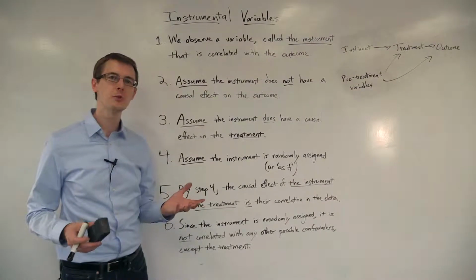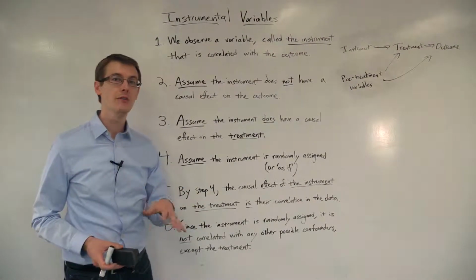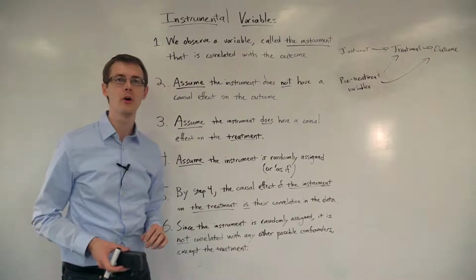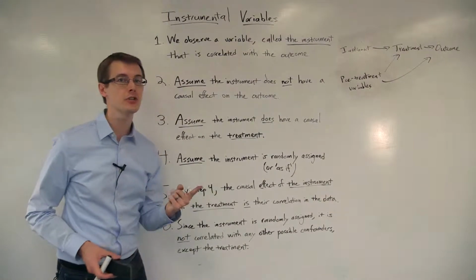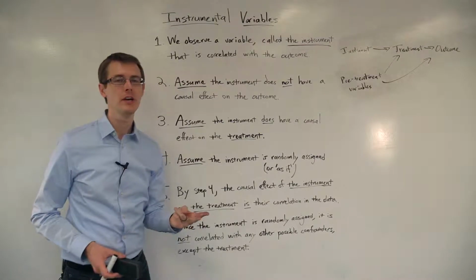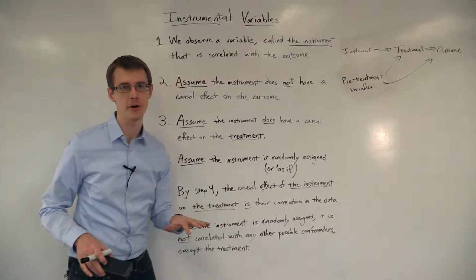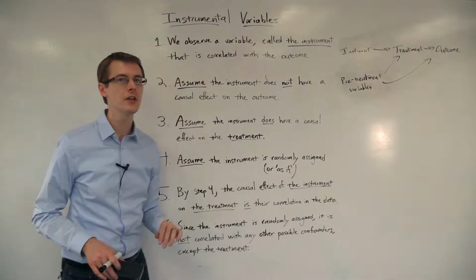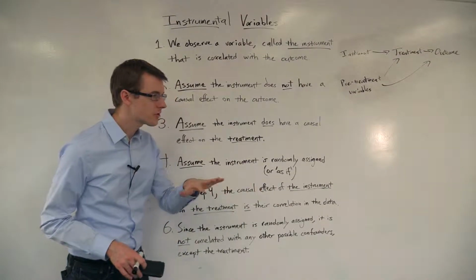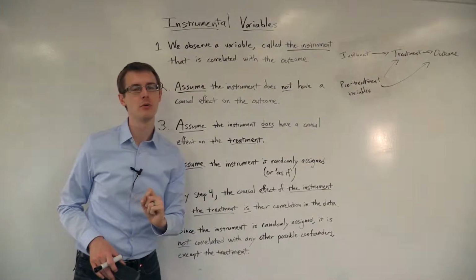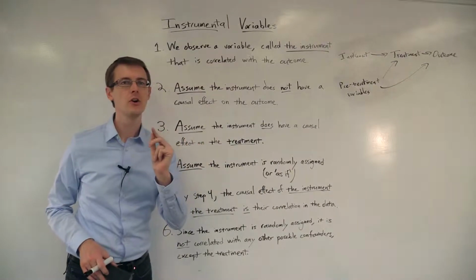So how does this work in practice? In practice, you've already got the data sitting on your computer waiting to be analyzed. You see the treatment variable, you see the outcome variable, and you see a whole bunch of other pre-treatment variables. Now, among all of these other variables, you're going to search for one special variable that you're going to pick out. That's called the instrument.